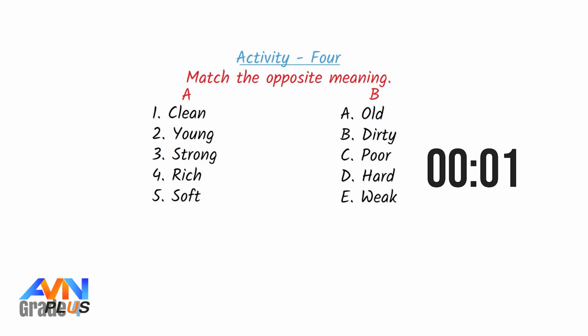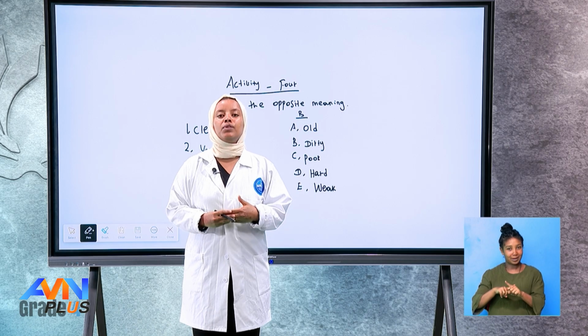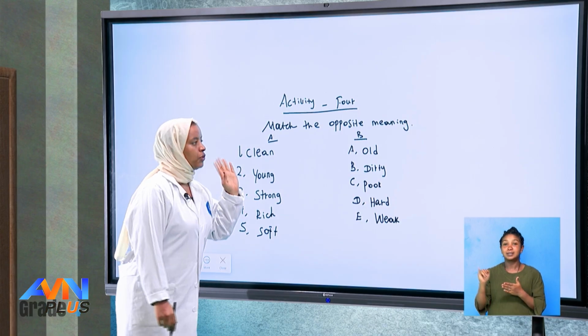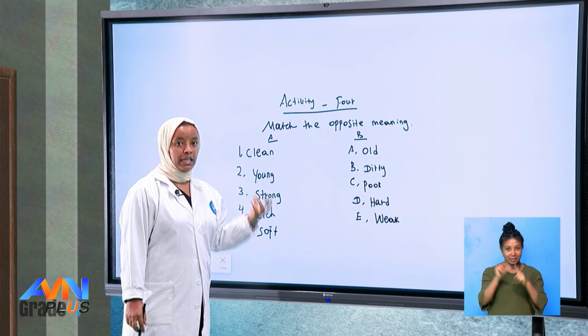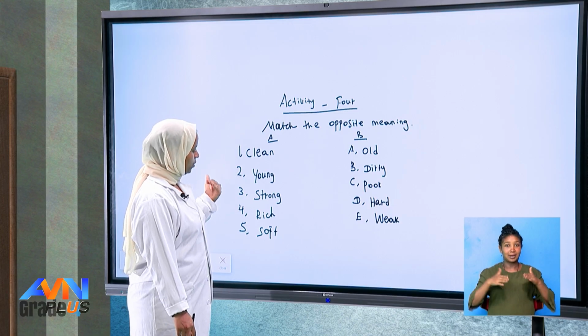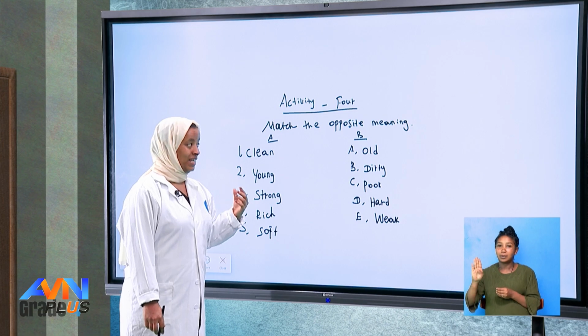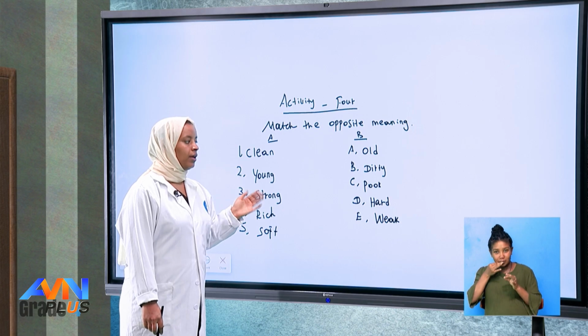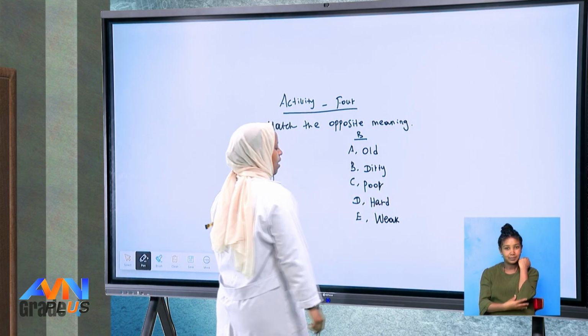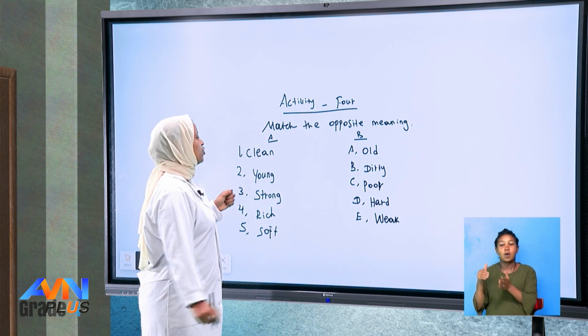Hello students, again I'm back. Let me give you the correction. Here is match the opposite meaning, the antonym instruction. Here is column A: clean, young, strong, rich, soft, and B: old, dirty, poor, hard, and weak. Let us start.